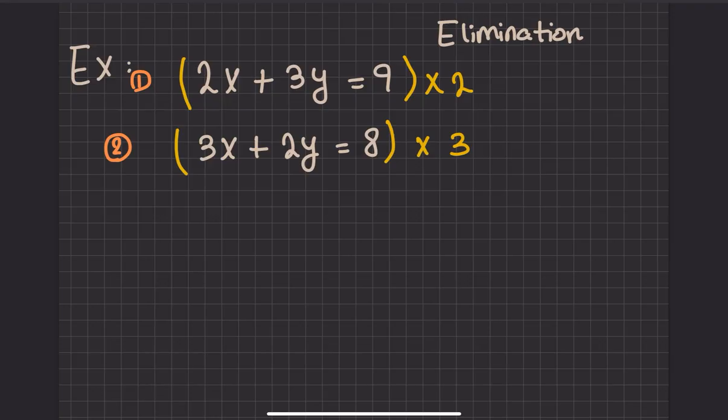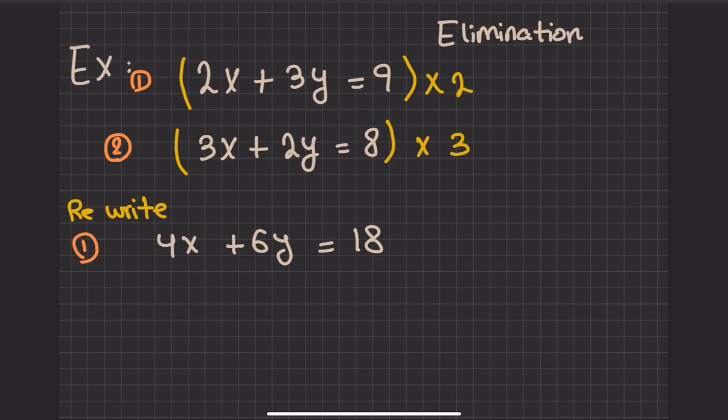So this multiply by 2 applies to all the numbers. We have to rewrite it. It's going to be 4x plus 6y equals 18 for my first equation.